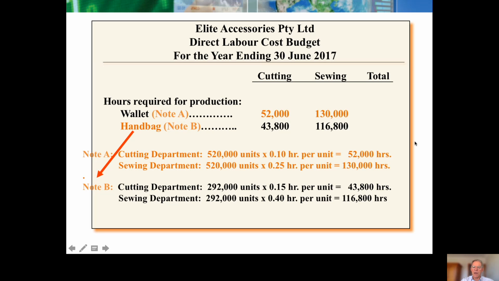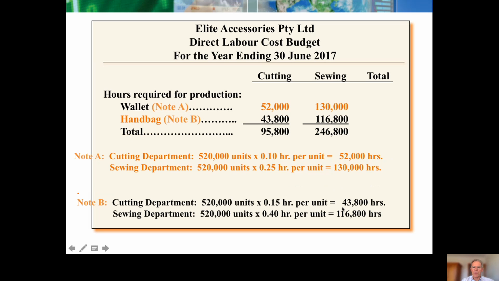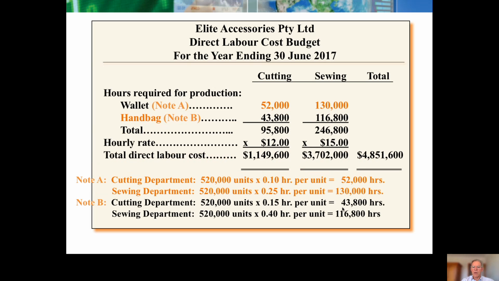Work out how long on average they take. Work out the total hours requirement. And once we've got the total number of hours, multiply by our hourly rate. Sewing department are paid on average a little higher than the cutting department. Cost it all out, and we've got our direct labour cost budget.